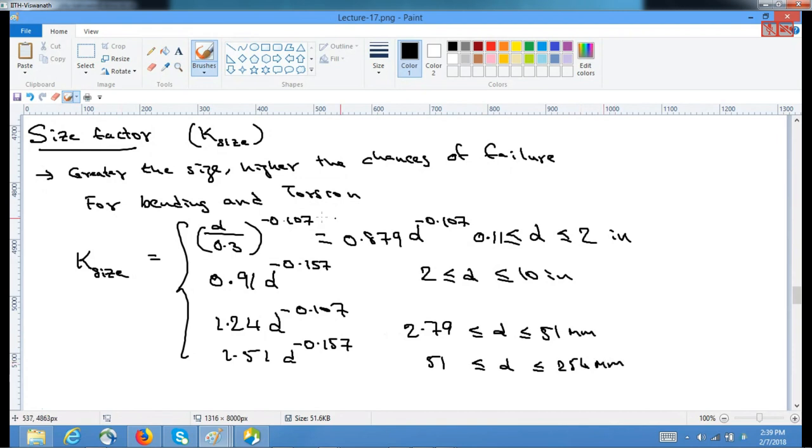And this is for bending and torsion and for circular cross sections.